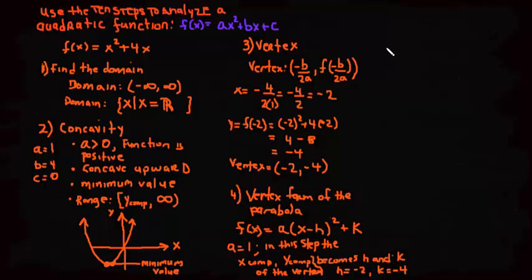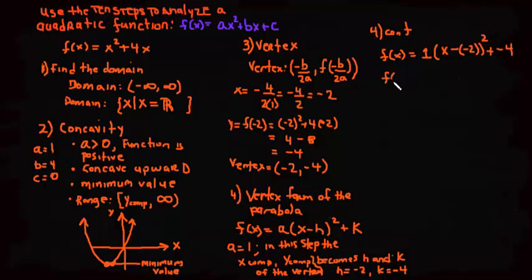So for this step, this is number 4 continuing. We have f of x is equal to 1 for a, times x minus -2 squared plus -4. So now I want to clean this up.